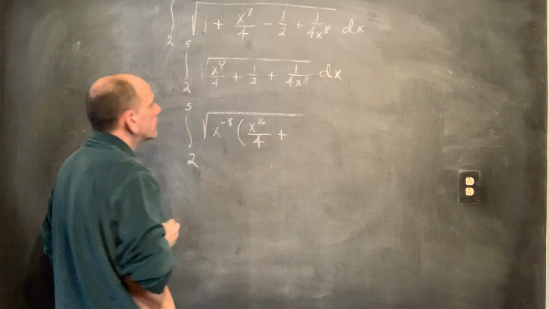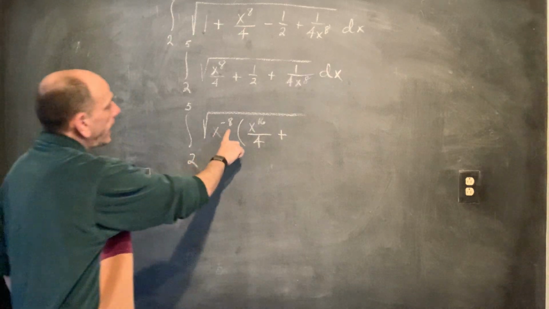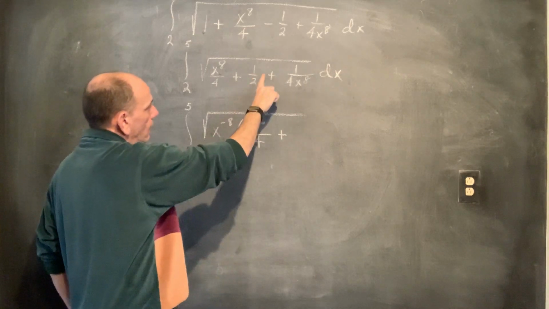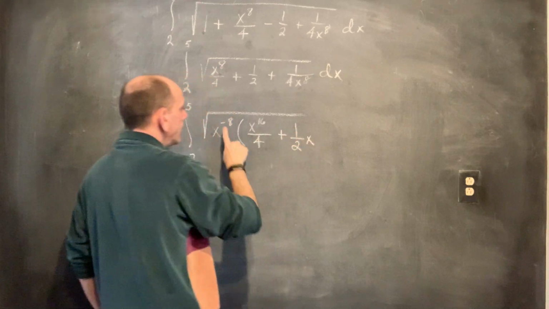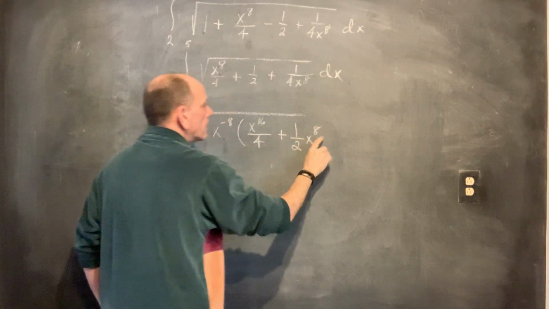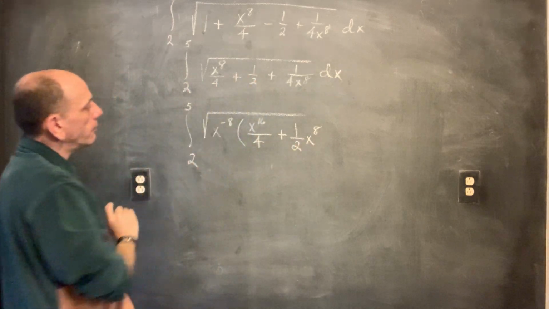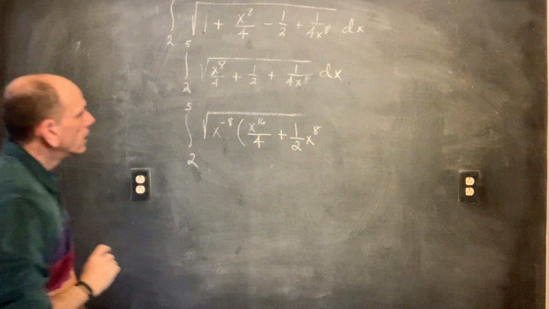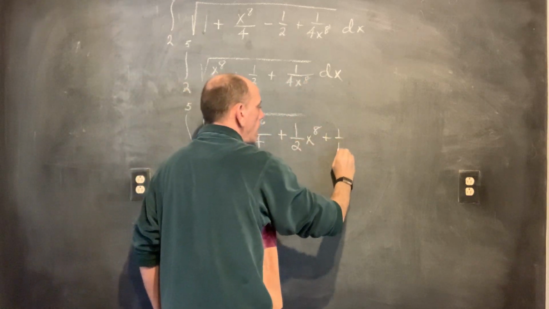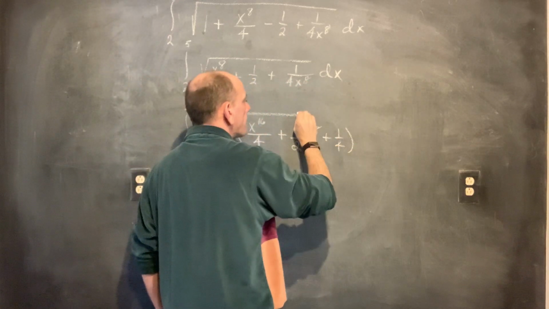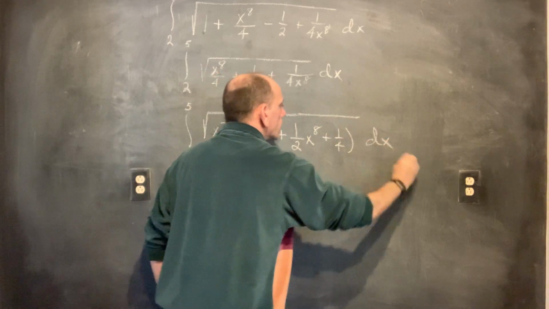Plus, well, I need the x to the 8 to be to the 0, right? There's no x in here. So 1/2, 8 minus 8 will be 0 and give me a 1 there. And then I already had an x to the negative 8 in this one, so this is just plus a quarter dx.